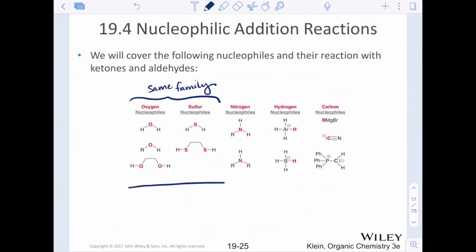As we move across this group, we are actually getting more electropositive, or what you can think about as less electronegative, right? That's the same idea. And so what that means is that we are going to be more reactive as the nucleophile because those atoms do not like electrons, all right?